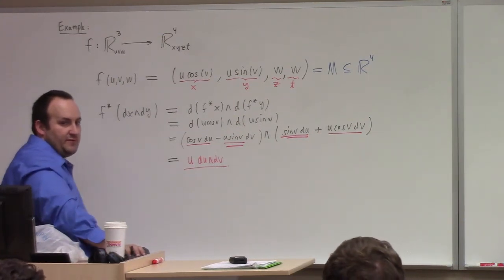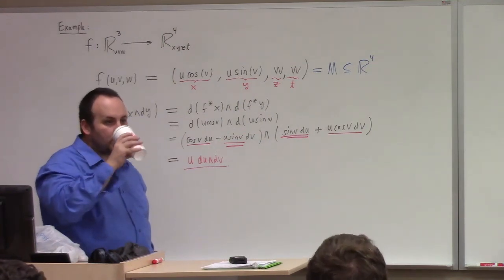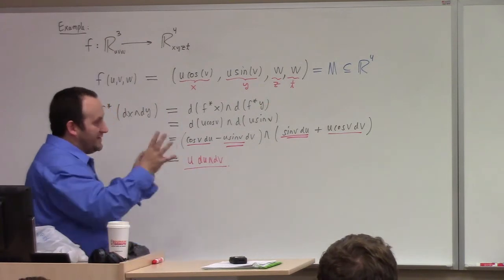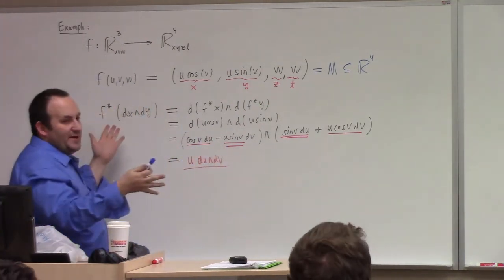You can't have a non-trivial 3-form on a two-dimensional space, among other things. But anyway, what I was getting to here, so the equation for M is really dumb.